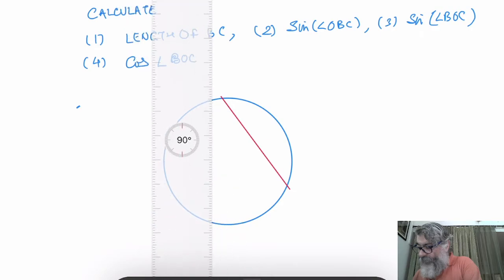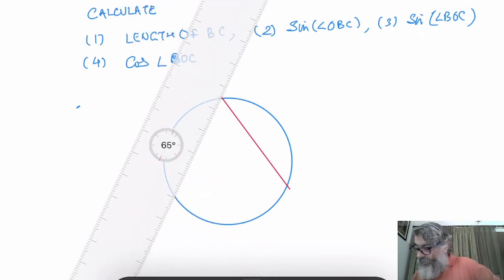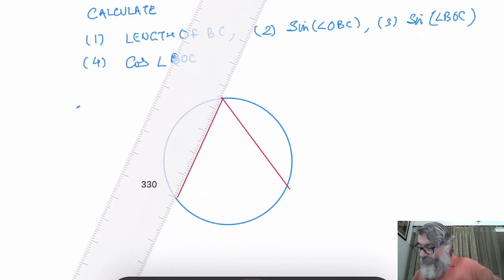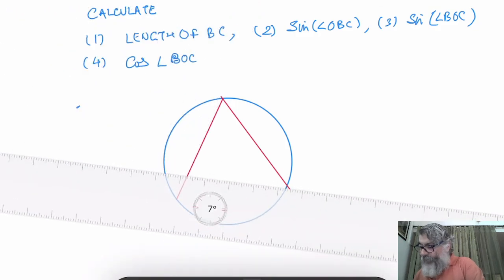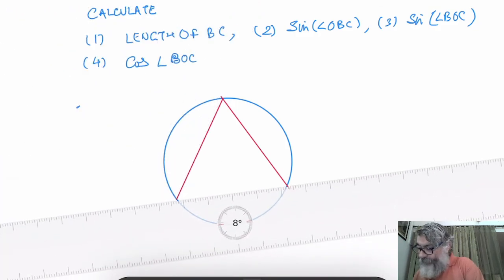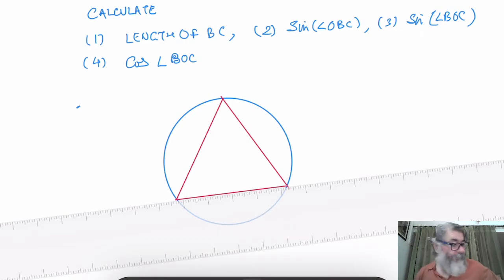It's an acute angle triangle inscribed in a circle. He has given the triangle ABC.